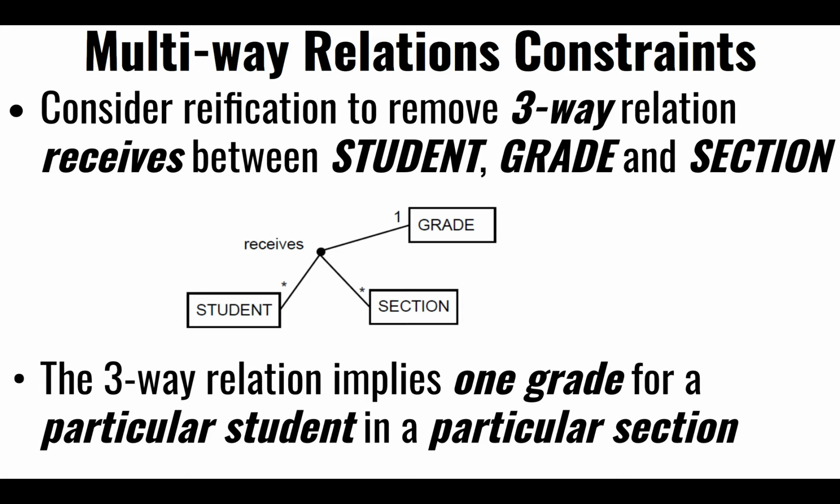If you give me a particular student and a particular section, then I'll tell you what grade they got. So it could not be that the same student for the same section could be in there twice, because it should be unique. So this diagram implies a constraint that there is one grade for a particular combination of student and section. Yes, there's an implied constraint in this conceptual diagram.